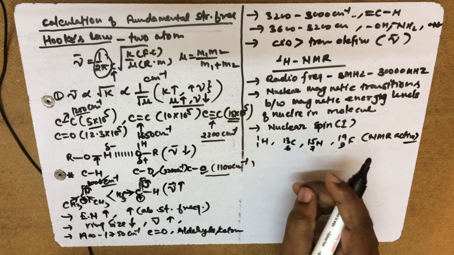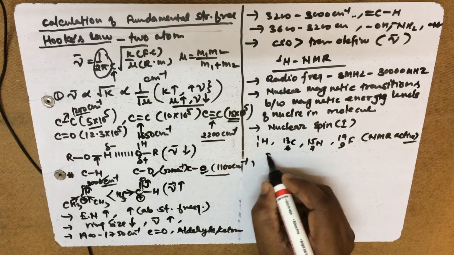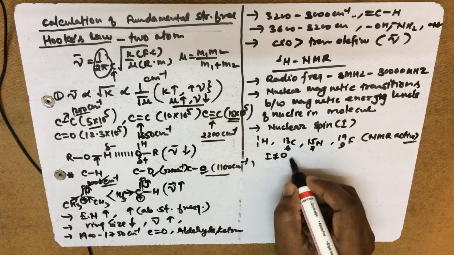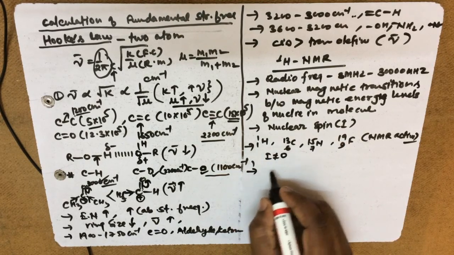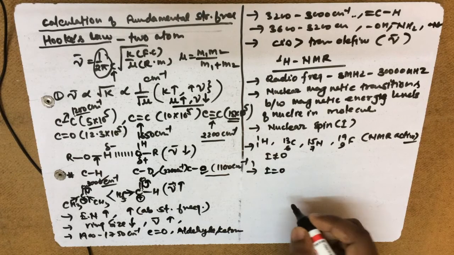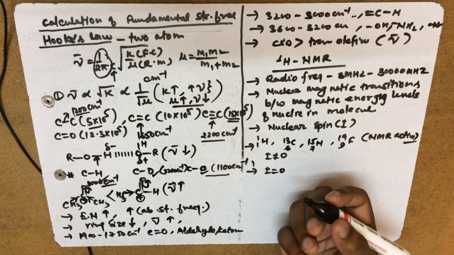If the I value does not equal 0, these are NMR active. Point 2: if the I value is 0, then the nucleus is NMR inactive.